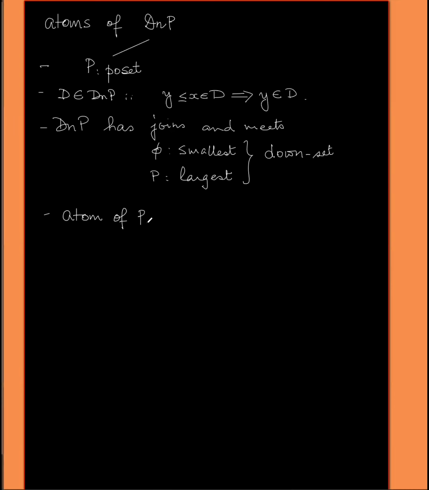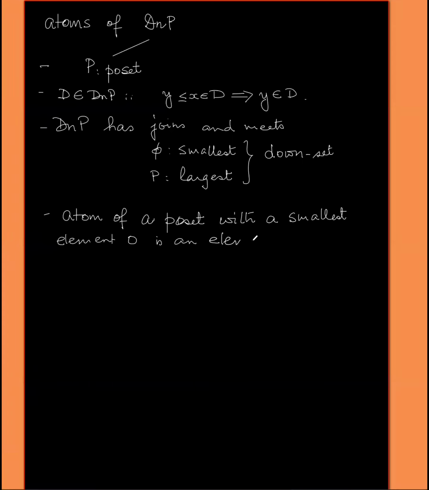An atom of a poset with a smallest element is an element T of the poset such that x less than or equal to T implies that either x is 0 or x is equal to T.